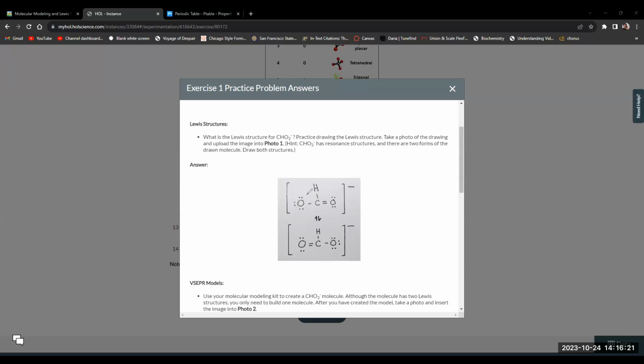So you can see how this person drew the oxygen on either side, meaning the double bond could have been on left or right. So what the lab wants you to do is if this happens again in any of the other structures, it wants you to write each version of the resonance structure. Pretty simple. Does that make sense?